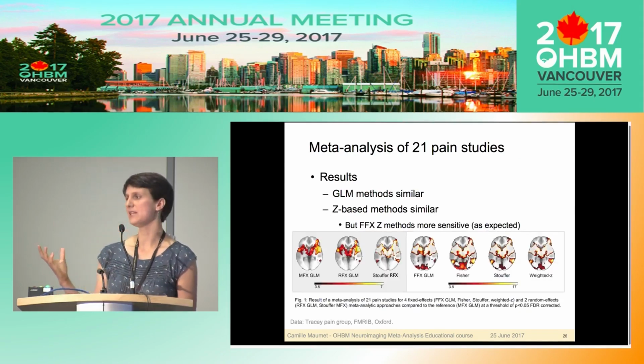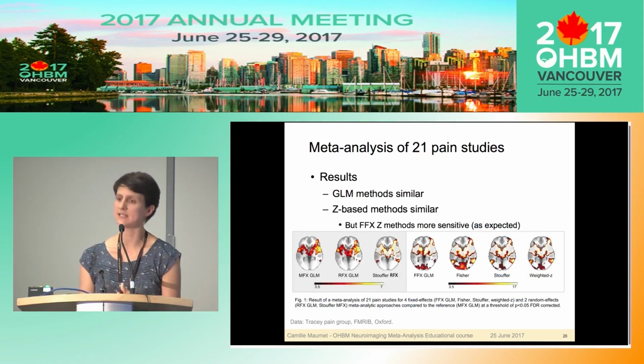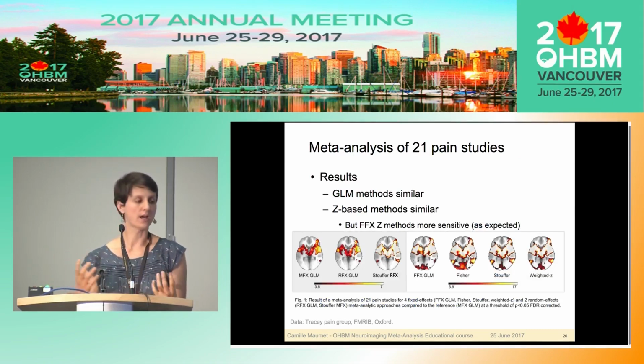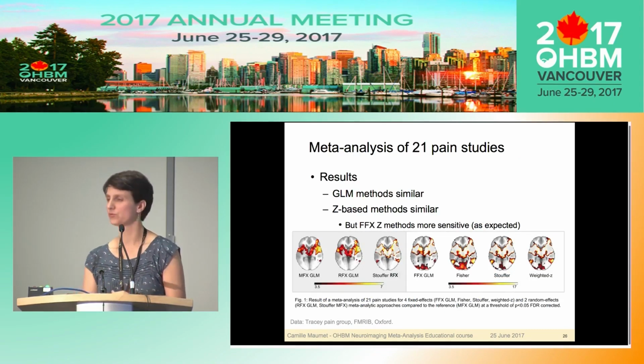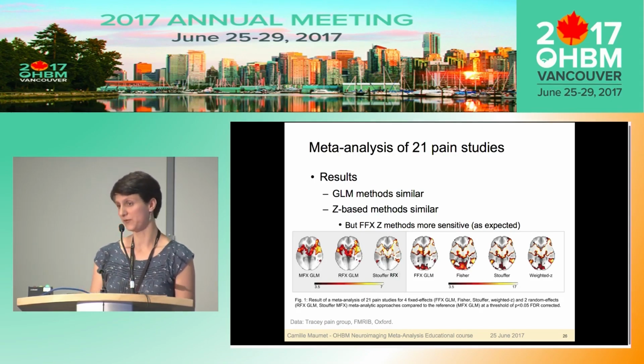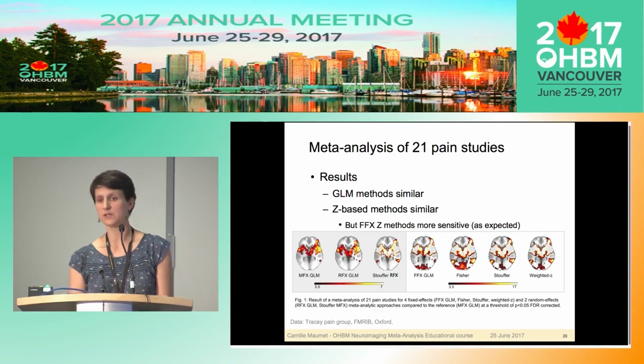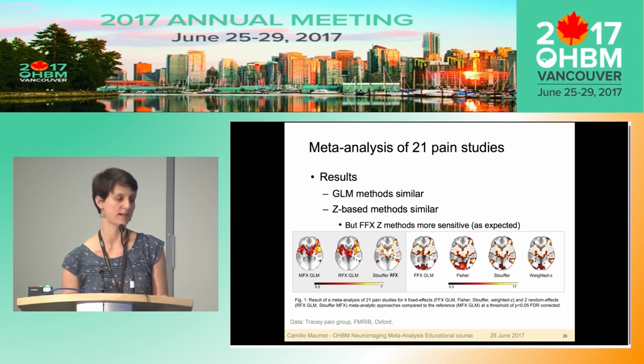And on this slide, you see an example of image-based meta-analysis, which was performed on a set of 21 studies looking at pain. On the left side, you can see methods that are random effects. And on the right side, you see the methods that are fixed effects, so basically, assuming that we have no between study variance.